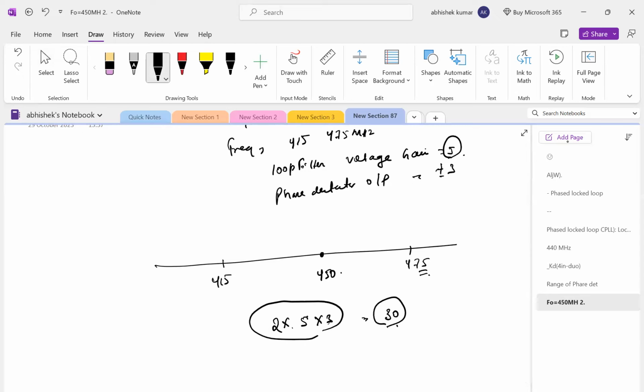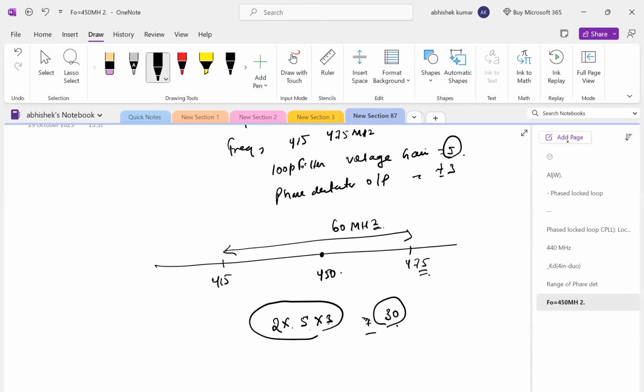Here 30, that is plus minus 30, and you can see it is 60, it is from 60 megahertz and it is 450.